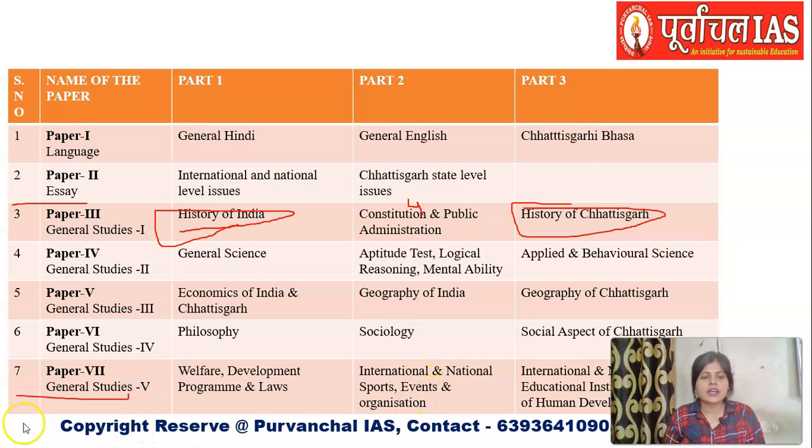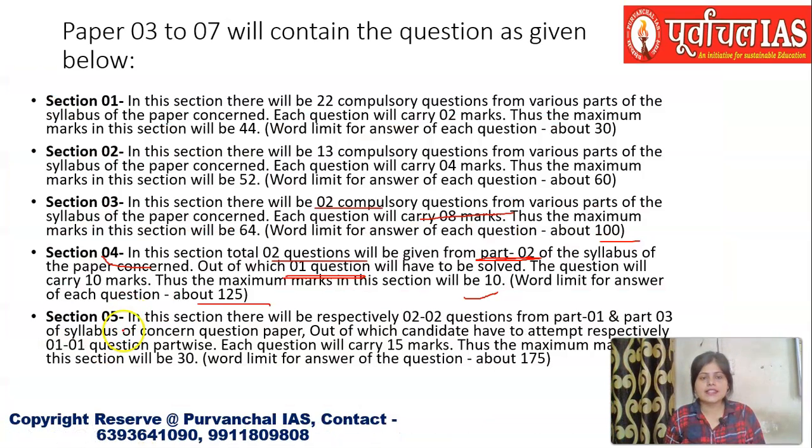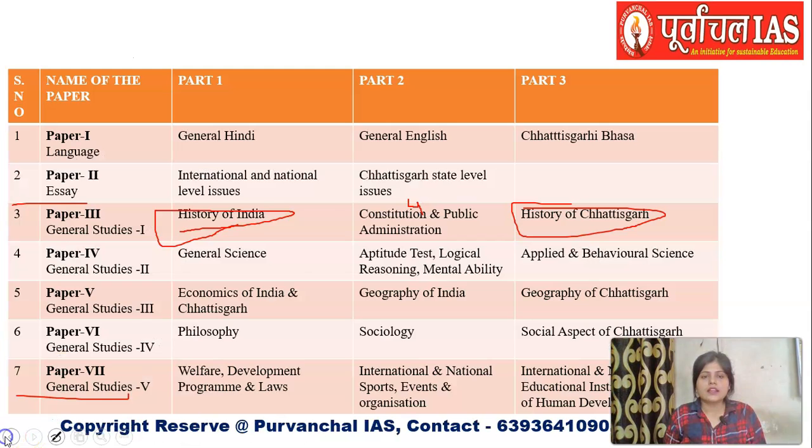Alright. And then next is section 5. What is about section 5? That there will be 2 questions respectively from part 1 and from part 3, out of which the candidate is required to attempt only one question, and these will be of 15 marks with a 175 word limit. What does it mean? This is part 1 and this is part 3, right?